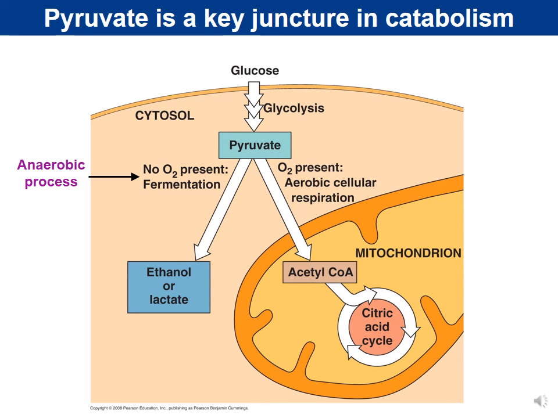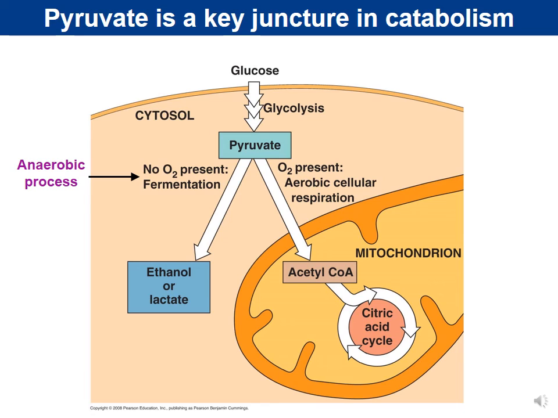So in that case, if there's no O2 present, the organism is going to switch to fermentation. And fermentation is going to be an anaerobic process. Again, it does not mean it's anaerobic respiration, but it will switch to fermentation, which is an anaerobic process.